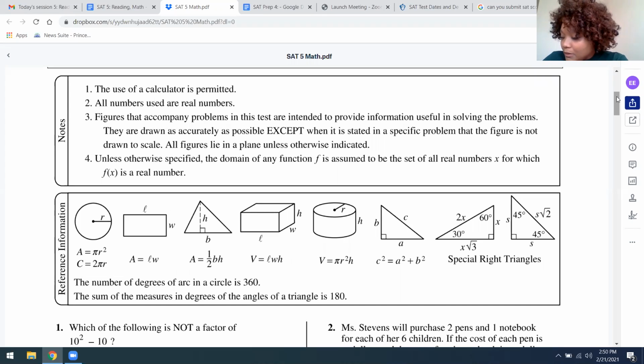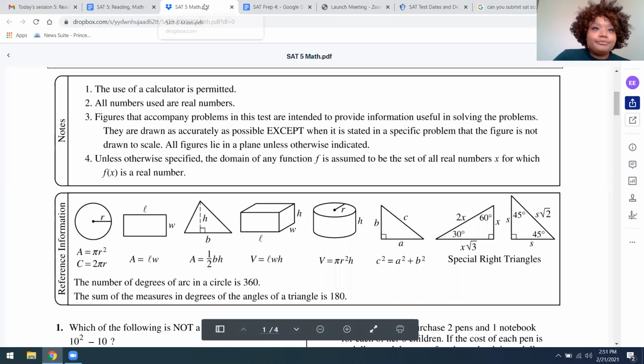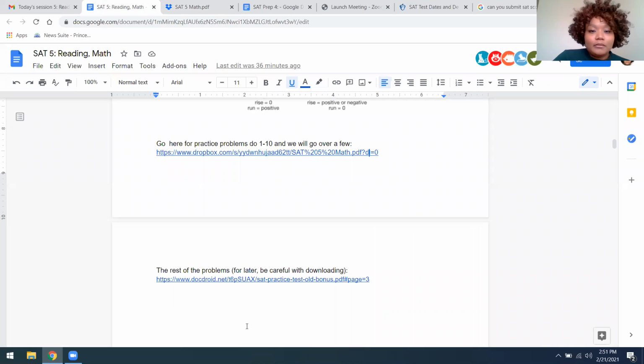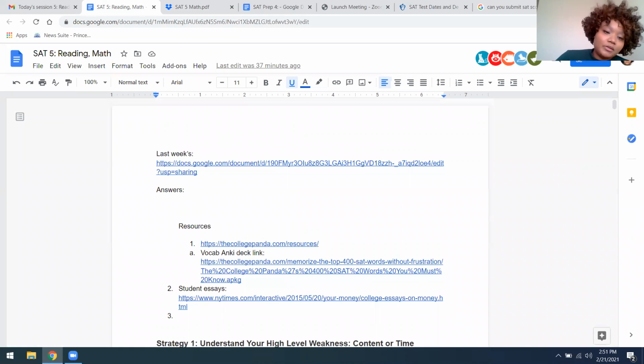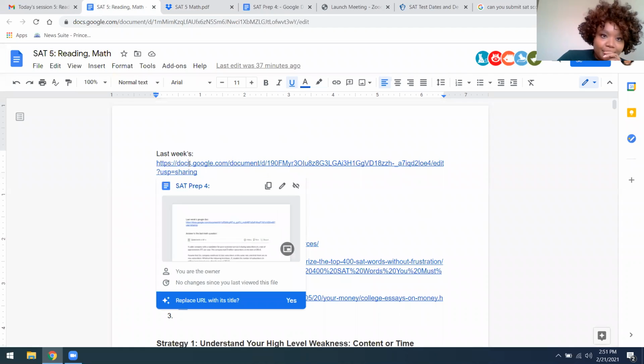Give me 1 second, just making a note. Okay, the link to the current Google Doc is in the chat. Once you go to the current Google Doc, you're going to click here.